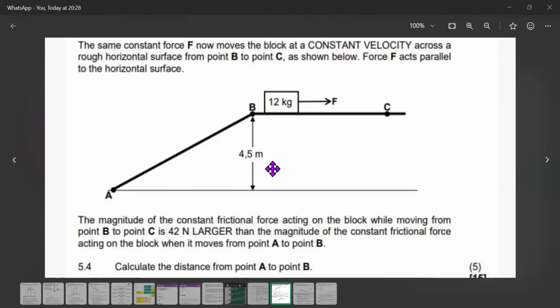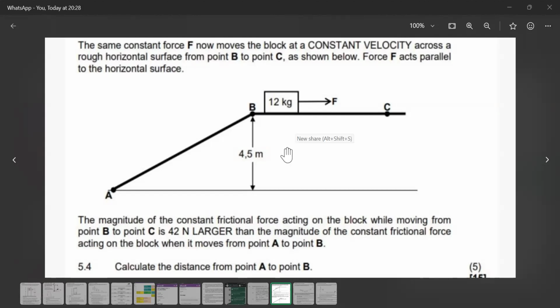Here they say, what are they saying? They're saying the block is now moving at a constant velocity, which means that the applied force is equal to the frictional force. That's fine.